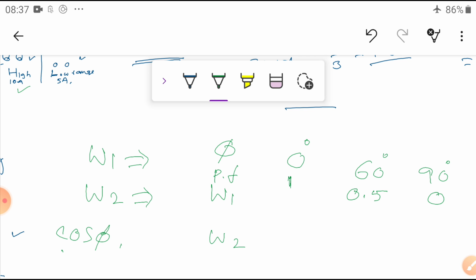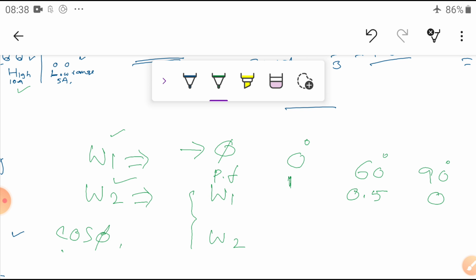At these power factor conditions, our wattmeters will show readings in such a way that one is positive, another is negative, another is 0, or they show different values. So here, two wattmeters W1 and W2, what is their behavior at different power factor angles?